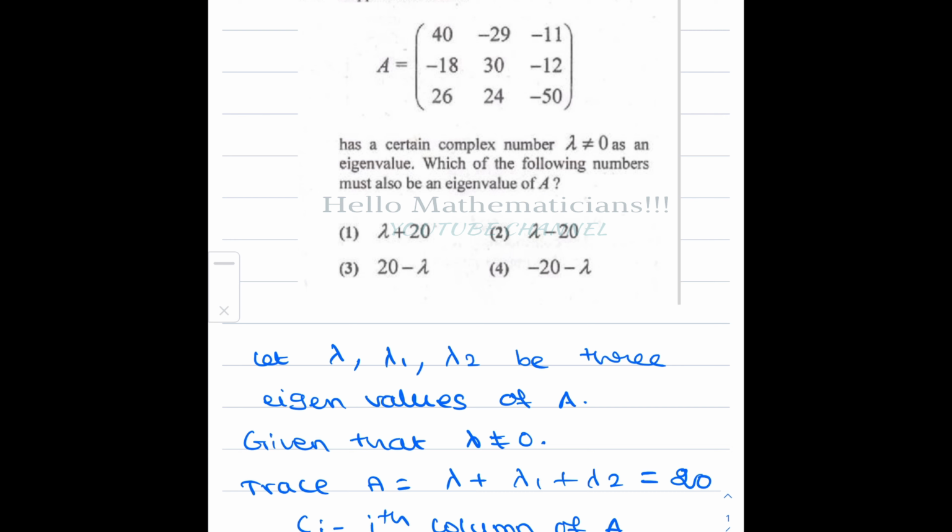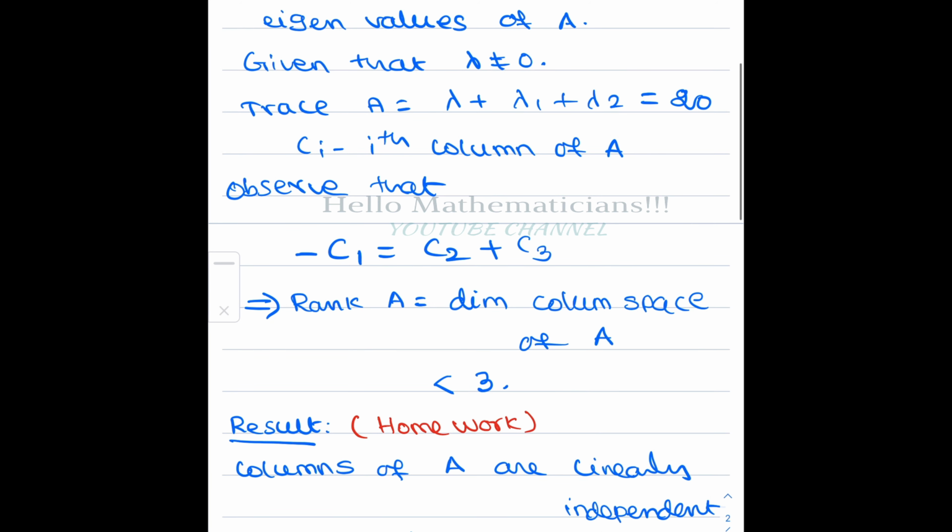If you notice, first column is equal to the negative of the sum of the second and third columns. You take this column and this column and sum: minus 40, plus 18, minus 26. Therefore, the sum of these two columns is the negative of the first column. So we get minus C1 equal to C2 plus C3.